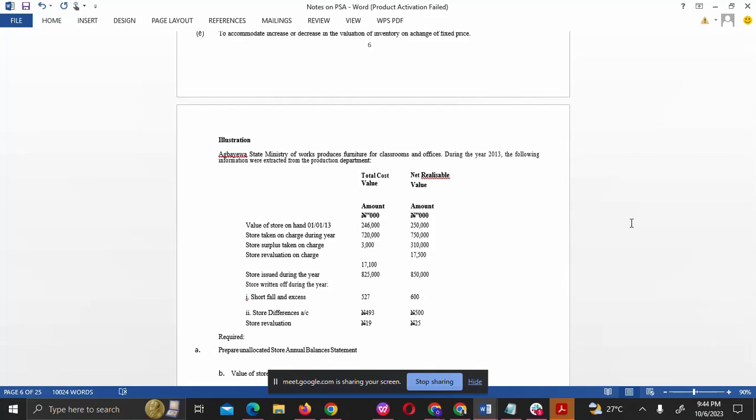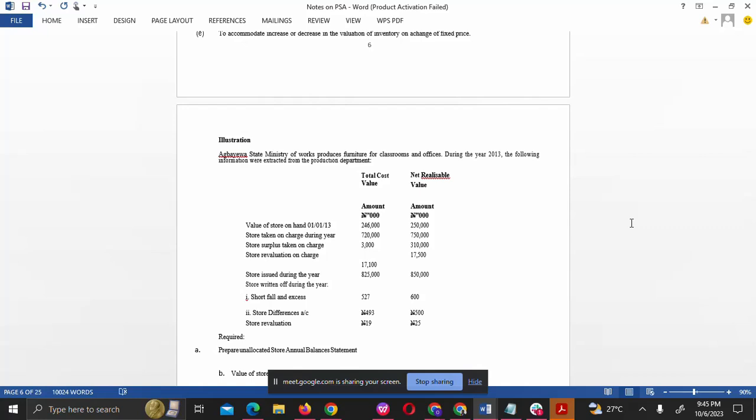So we have value of store on hand on the 1st of January 2013. We have store taken on charge during the year, store surplus taken on charge, store revaluation on charge, store issued during the year, store written off during the year, shortfall and excess, store differences account, and store revaluation. Required: prepare unallocated store annual balance statement.